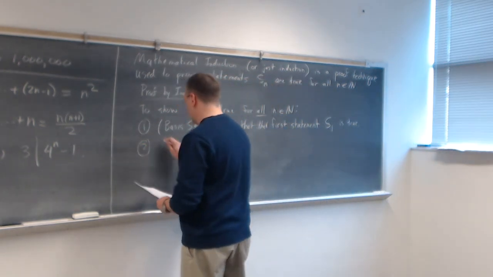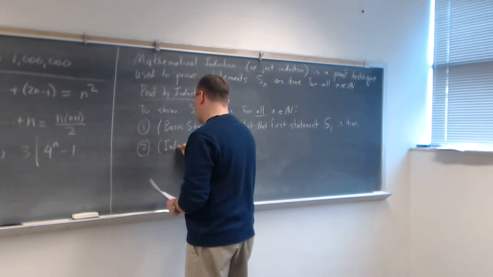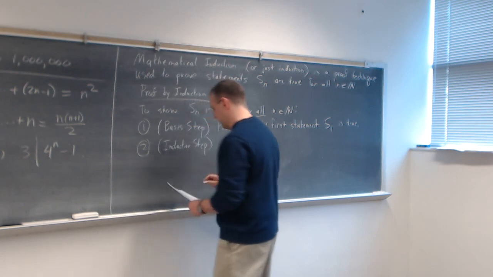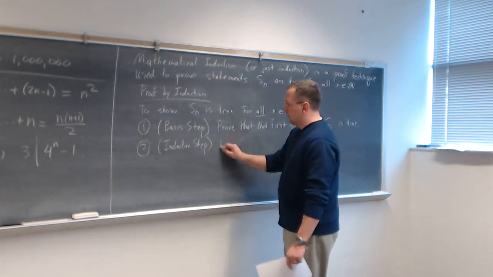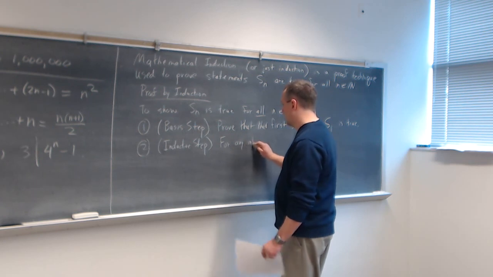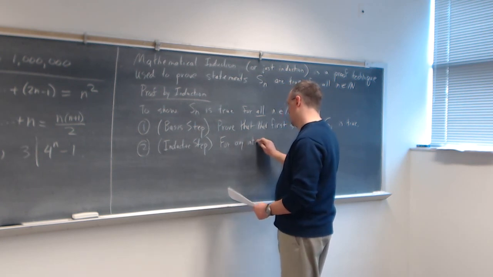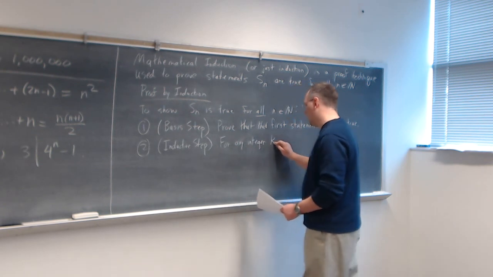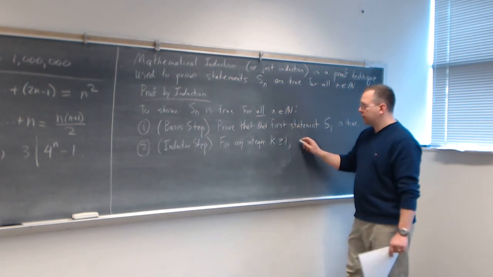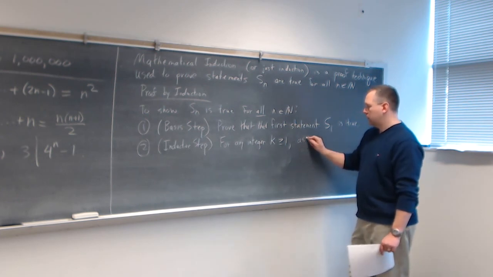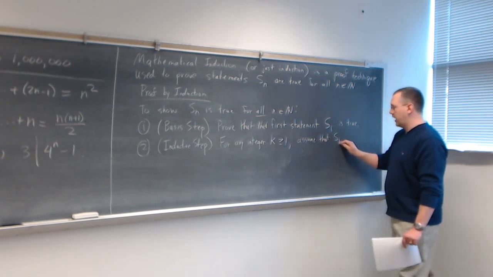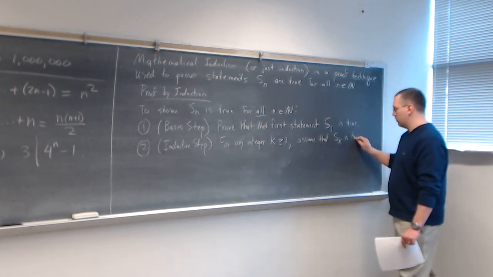Second, this is called the inductive step. Okay. So for any integer k that's greater than or equal to 1, we're going to assume that S sub k is true.